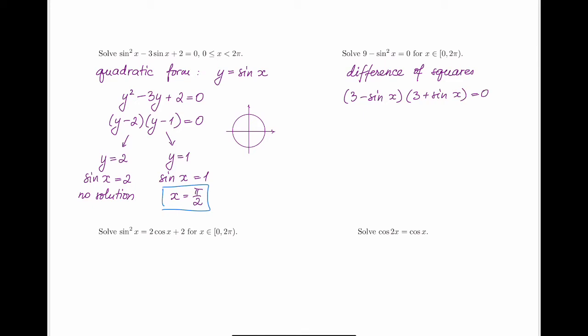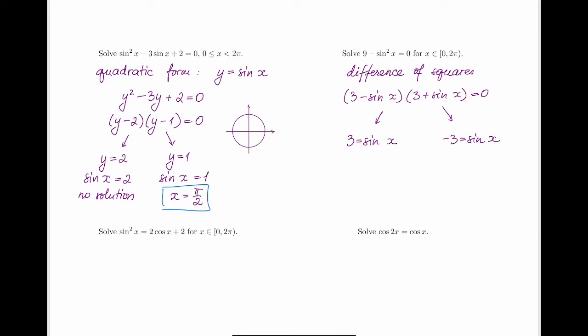If you need more practice with quadratic equations or with any types of factoring of special types of forms or formulas, please take a look at one of the previous modules with a lot more practice for these types of tasks. Now, once we've factored it, we apply the same logic as before. In order for a product to be 0, one of the pieces has to be 0. So I must have that 3 is equal to sine x on this side, and minus 3 is equal to sine x on this side.